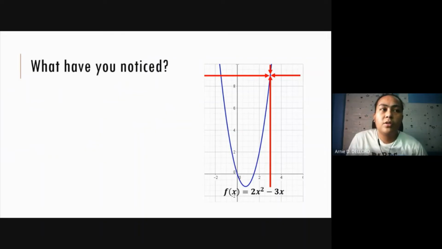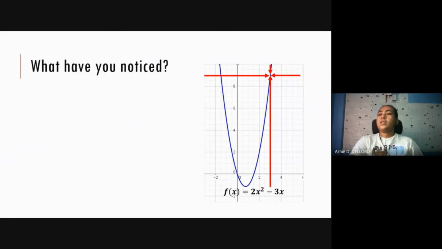So what do you notice in this graph? Diba, yung mga values from the left, okay? If you will notice the graph, diba, we have here 3. 3 yung intersection. And I think this is 9.